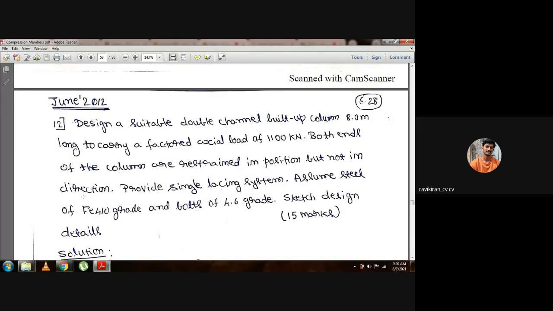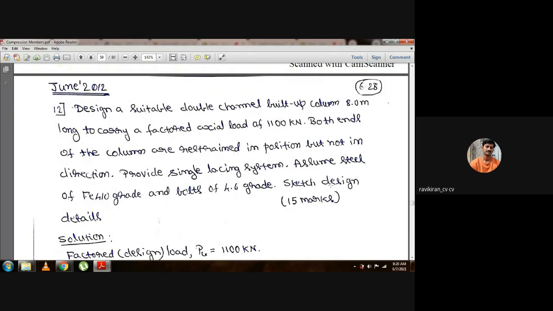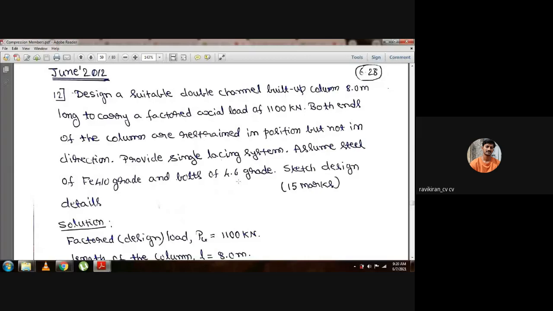That means to say it is hinged. Provide single lacing. You need to provide single lacing system. Assume steel of Fe 410 grade and bolts of 4.6 grade. Sketch the design. This question was asked in the June 2012 question paper for 15 marks.